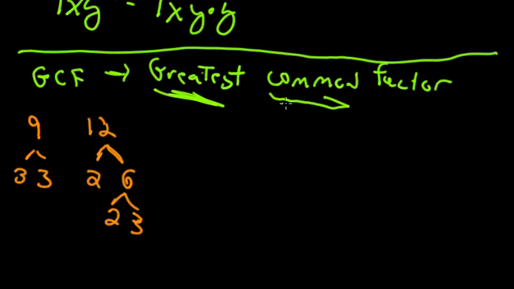Well, what is common to both of these? I've got a 3 here and a 3 here. So the GCF for 9 and 12 is 3. There's a greatest common factor.